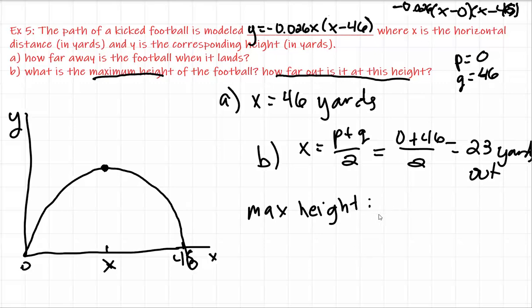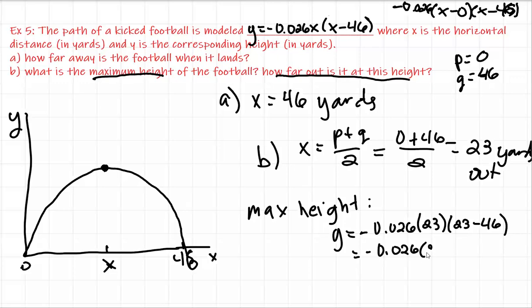So y is equal to negative 0.026 times 23 for that first x, and then 23 minus 46. All right, so if we clean this up a little bit, negative 0.026 times 23, 23 minus 46, that's going to be negative 23.